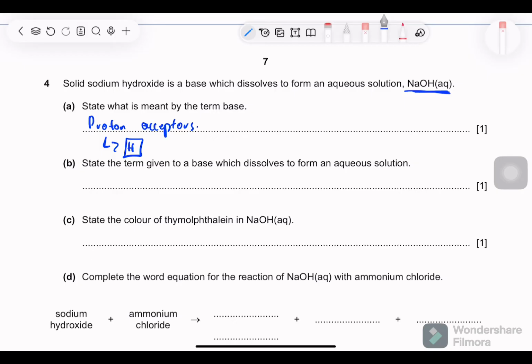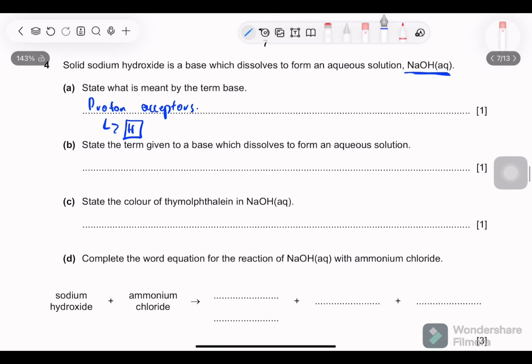So proton acceptors basically means that if we have NaO plus H, this will become NaOH, as we know. So what has NaO done? It has gained a hydrogen atom. So this can be tested in various ways. We just have to know the definition at this level, though.